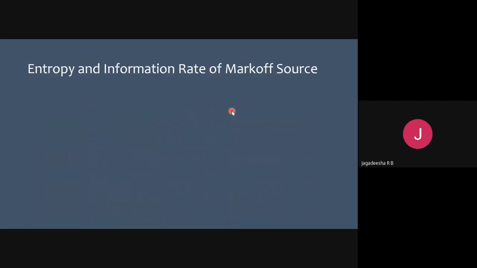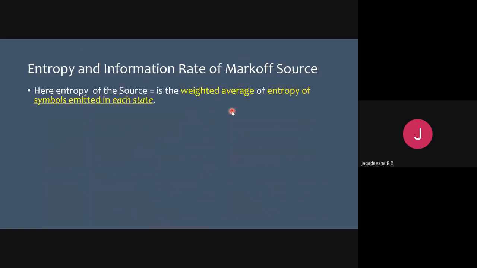Okay, now we will find out how to calculate the entropy. So entropy of the source is the weighted average of the entropy of the symbols emitted in each state. So now entropy of a state i is Hi. That is given by the equation Hi, that is entropy of a state, maybe state 1, state 2, or state 3, is nothing but Pij log 1 by Pij.